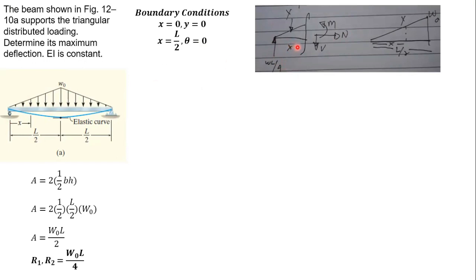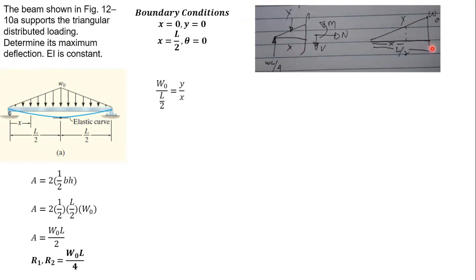Syempre hindi natin alam yung exact length ng pagkaputol, so ang representation natin diyan is x. Tawagin natin yung force na nag-a-apply sa kanya na y. Kailangan muna nating hanapin yung force y natin. Paano natin makukuha yon?